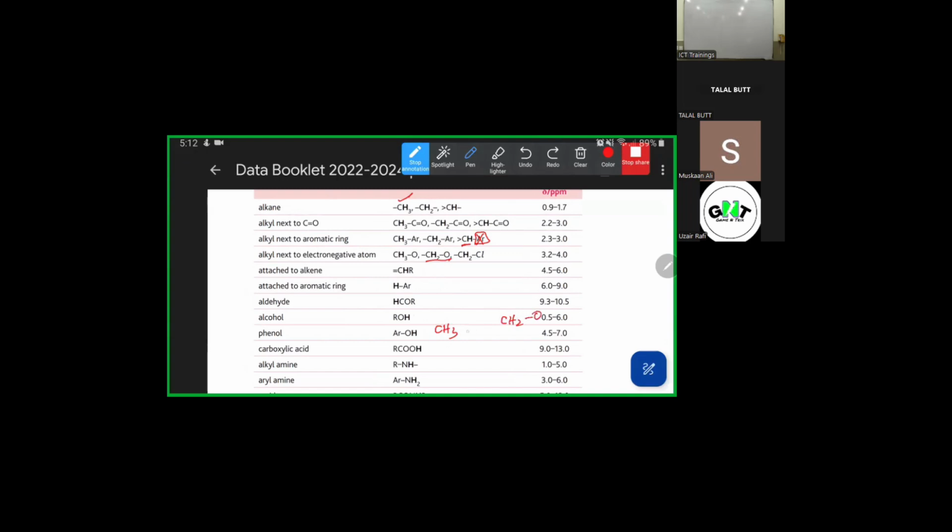This one is joined with the CH because we got the duplet CH, and then CH3, and this thing shows that it's the alcohol group. So this one would become your answer. From the graph, it would become really difficult to find out the answer, but still I'm telling you about it.